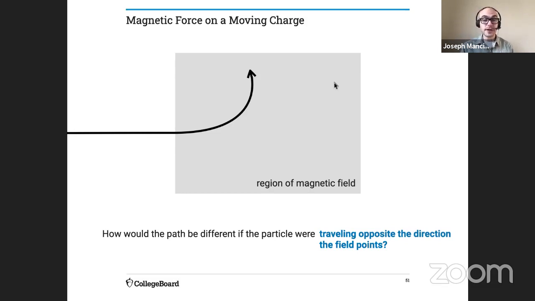If the particle's velocity is from the left side of your screen to the right side of the screen, and the magnetic field points from the right side to the left side, how would the path change then? Well, what's the sine of 180 degrees? It's also 0. There would be no magnetic force.